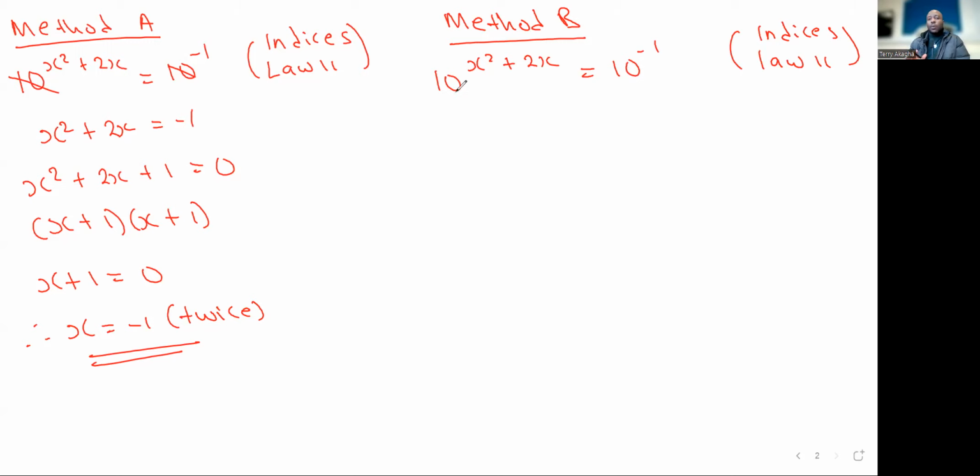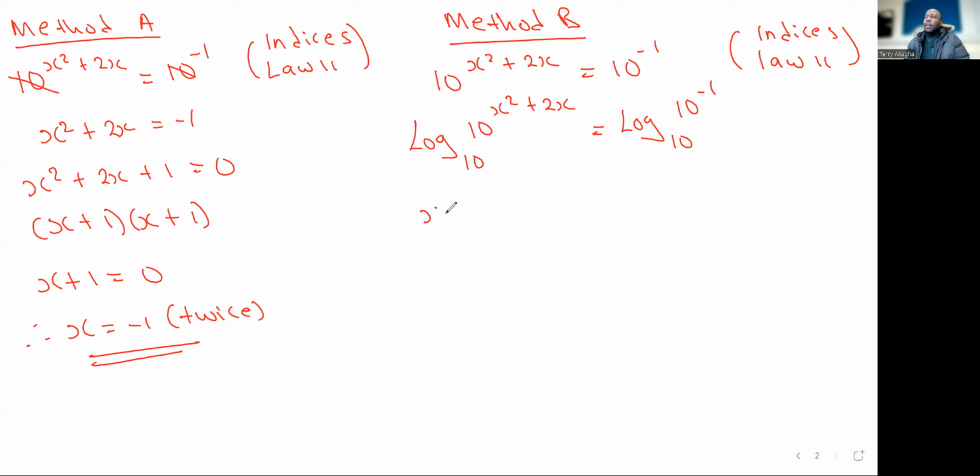Remember I told you that ln is the same thing as log to base e. So any one you prefer, you can take log 10 of both sides. So you're going to have log base 10 of 10^(x squared plus 2x) equals log base 10 of 10^(-1). You bring the power down, that is log law 5.